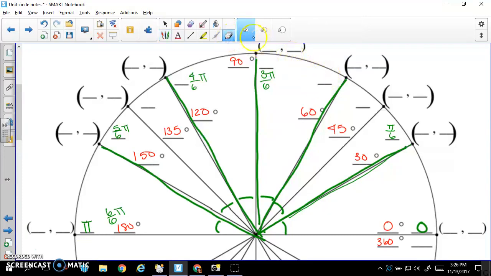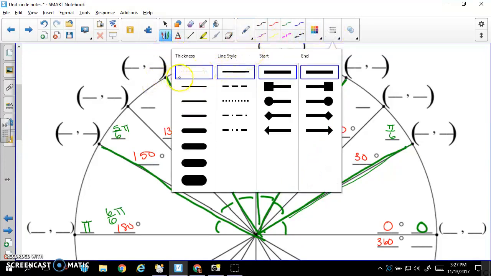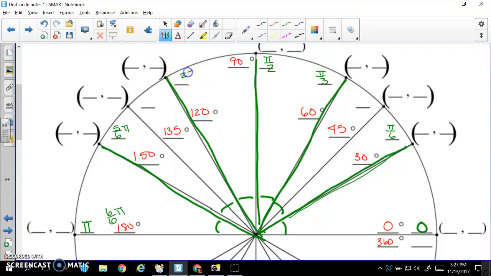So 2 pi over 6 is going to get me pi over 3. 3 pi over 6 reduces to pi over 2. 4 pi over 6 is going to reduce to, sorry, I was thinking about the wrong thing, 2 pi over 3. 5 pi over 6 I can't reduce, and then 6 pi over 6 equals pi, which I already had written right there.